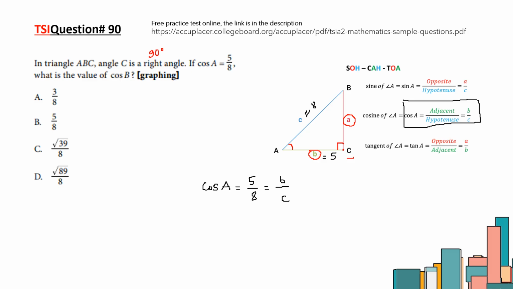Let's see. They asked for cosine B. Cosine B is the adjacent of angle B, which is little a, over the hypotenuse, which is C. C we know, right?